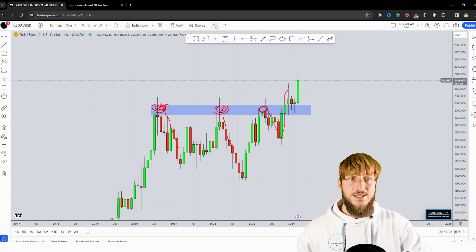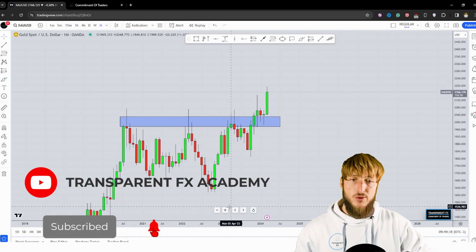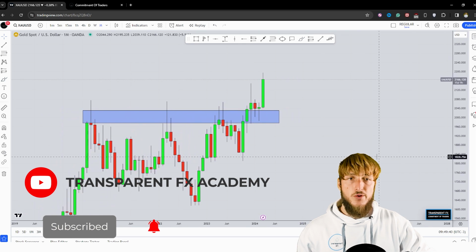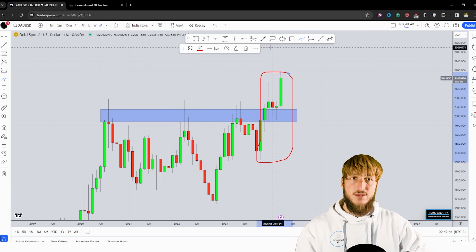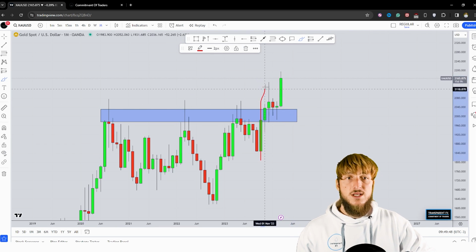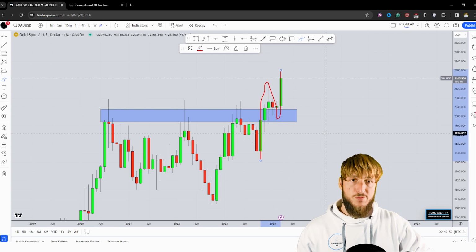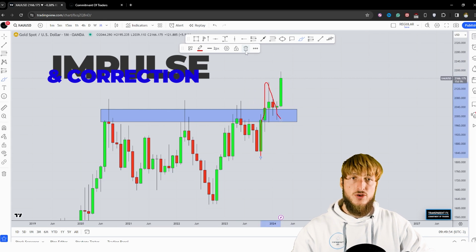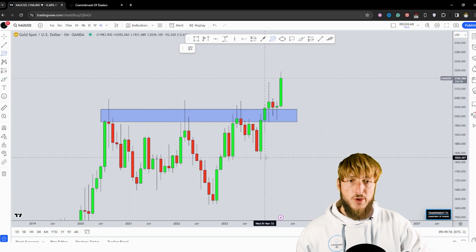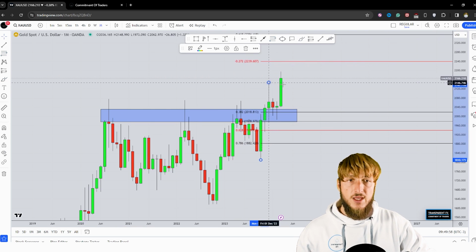We can also notice that from a pattern standpoint, if we zoom in here at the most recent price action, if we look at what has been happening here, we can easily notice that the pattern that the market was creating was an impulse, correction, and impulse pattern to the upside. And in general, after an impulse, if you want to measure the correction, you have to take your Fibonacci from the low to the high of the impulse leg.